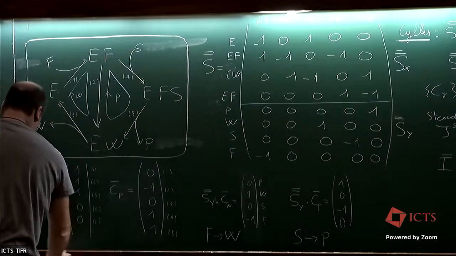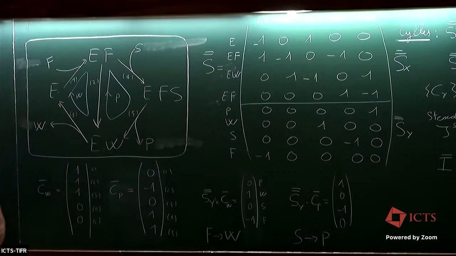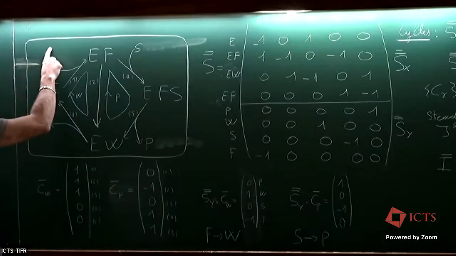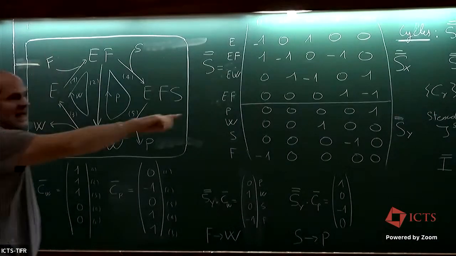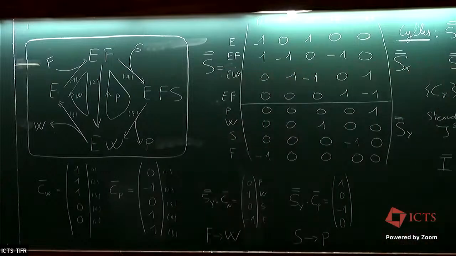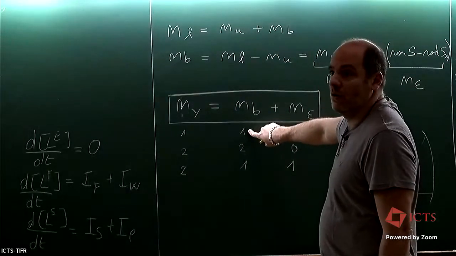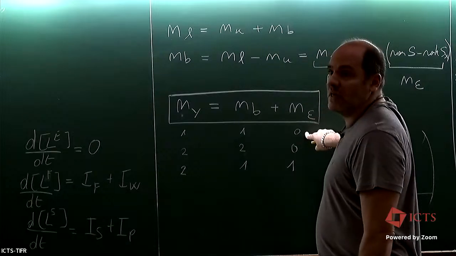Now I'm saying let's add F as a concentration. And then I ask, what happens with this relation? The number of Y species is now 1. I broke a conservation law. I have no emergent cycle.